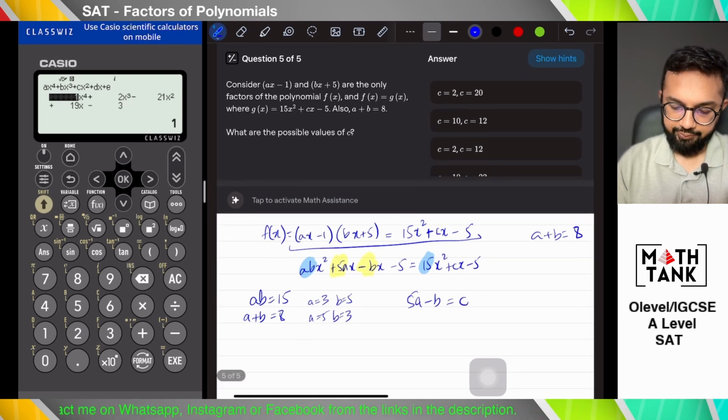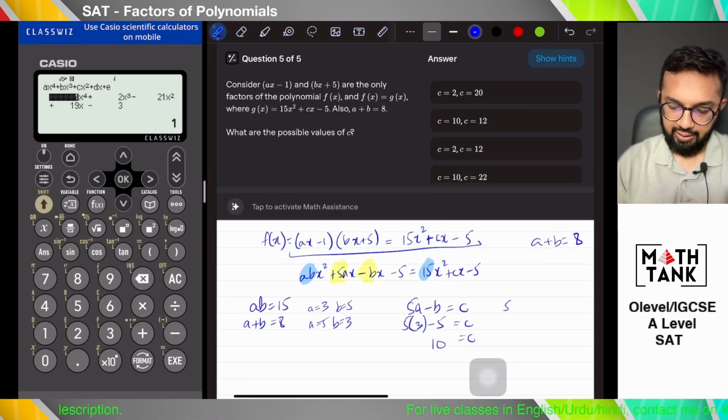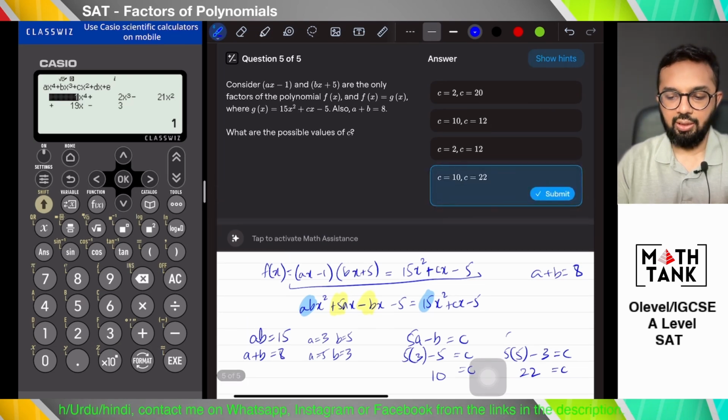So when I take a as 3 and b as 5, c comes out as 10. And when I take a as 5 and b as 3, c comes out as 22. The 10 and 22, that should be the correct answer.